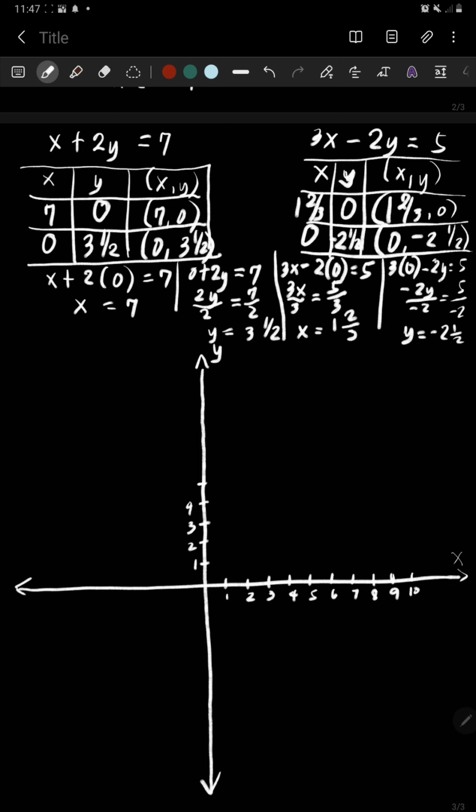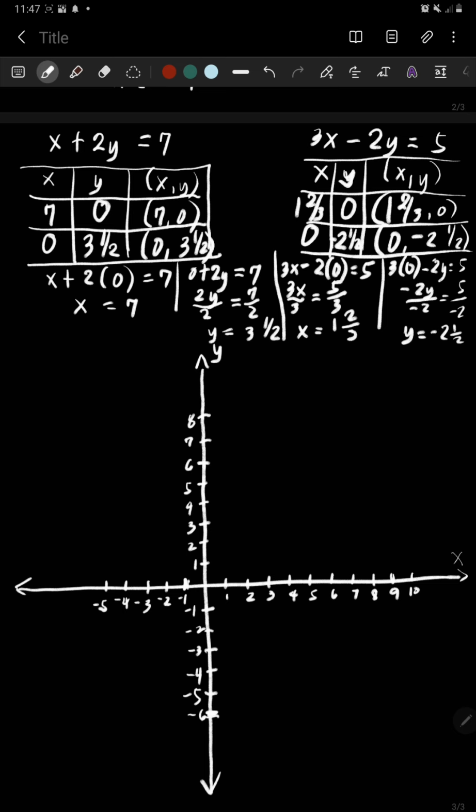I'm using estimation here. I suggest you use graphing paper, because that's almost perfect. With just a plain paper, you could still graph, but you could get an answer that is not accurate. So I highly suggest that you use graphing paper.